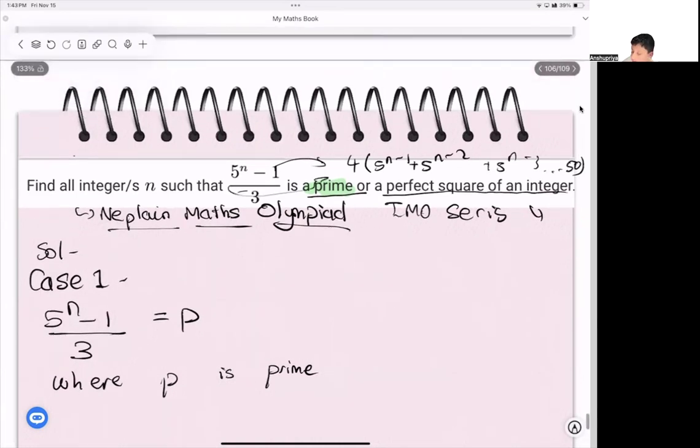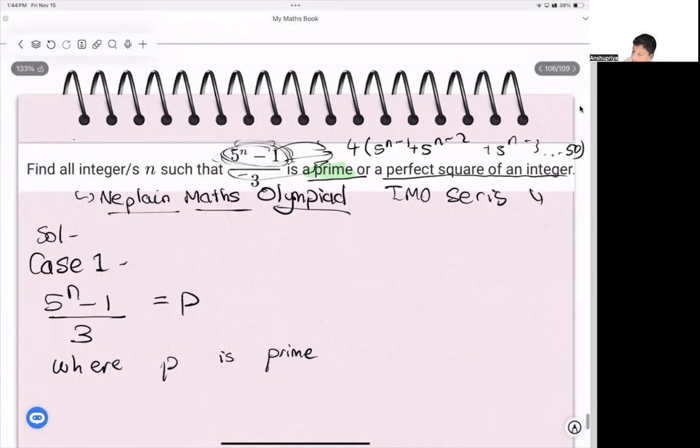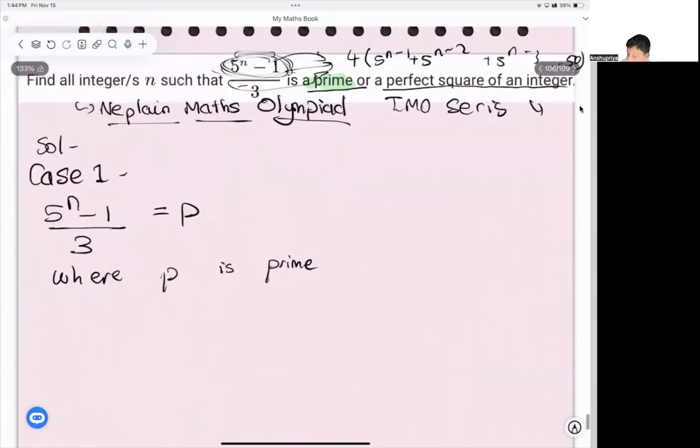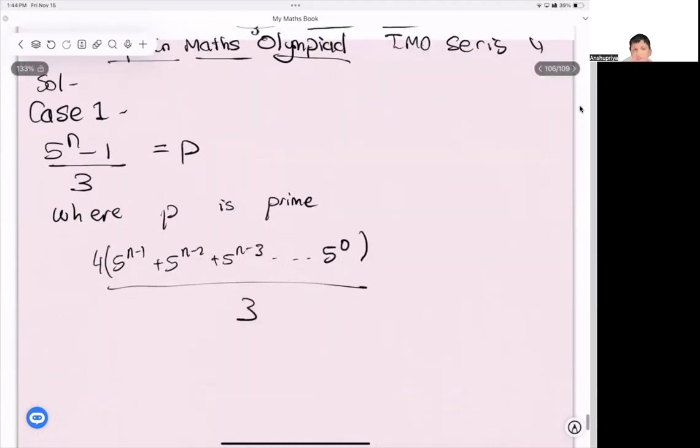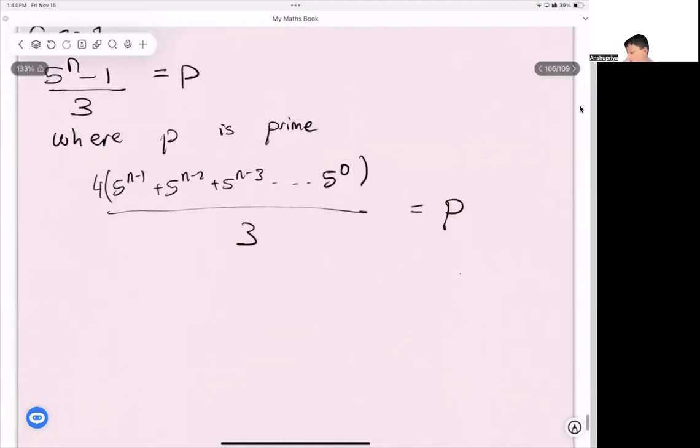I can expand this, right? This will be the numerator. So I will get (4 times (5^(n-1) + 5^(n-2) + 5^(n-3) + ... + 5^0))/3, which is equal to p, where p is prime.